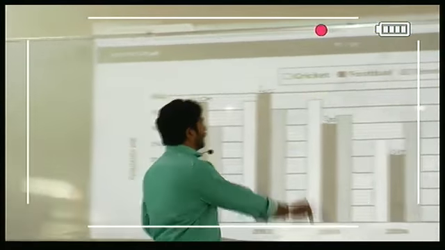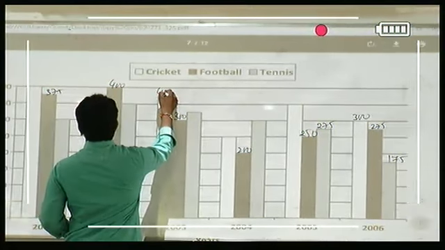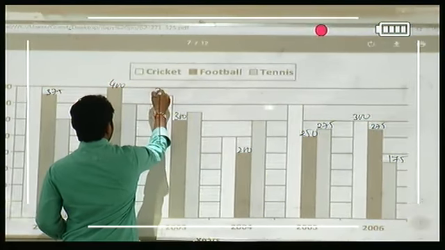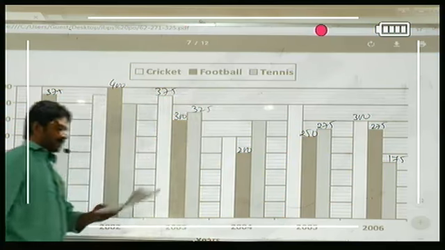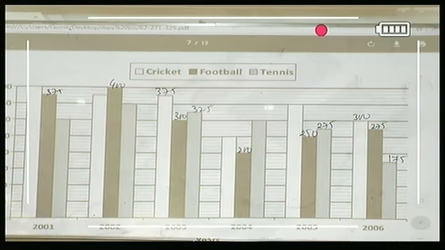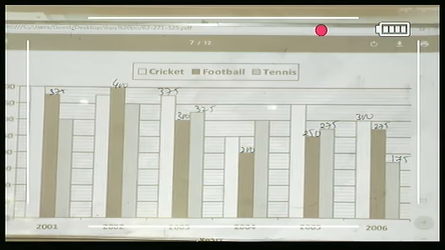2003, cricket is 375, tennis is 325. You asked about ratio. 375 by 325. Cancel with 25.